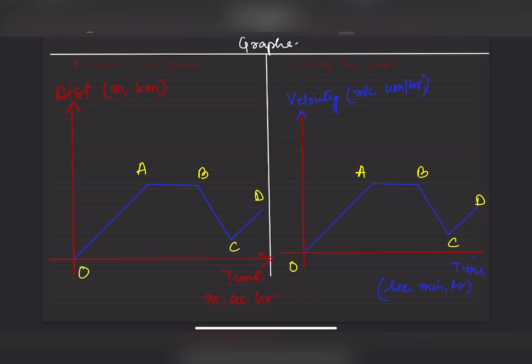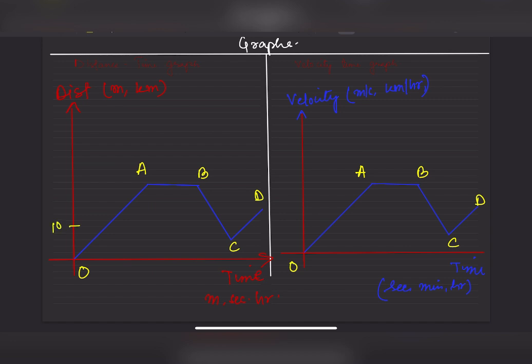Now let us talk about what kind of motion this is. Let's talk first about this one. In this you'll see that it is traveling equal distance in equal intervals. So look here, distance is equal, right? Till here it is traveling equal distance in equal intervals.